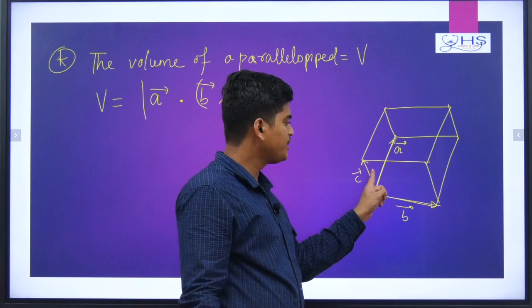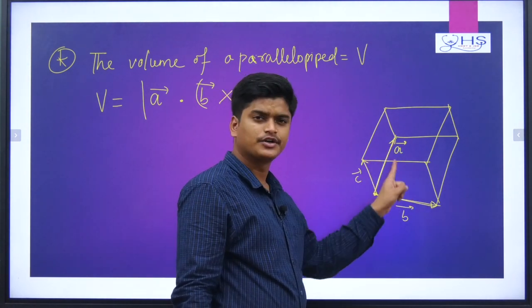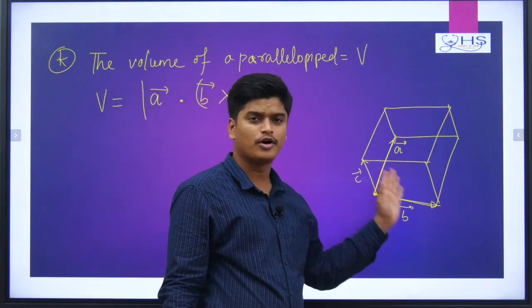B cross C is basically the area, and here we take a height term. Due to that height term, this dot product comes. So remember, this is the volume of a parallelepiped.